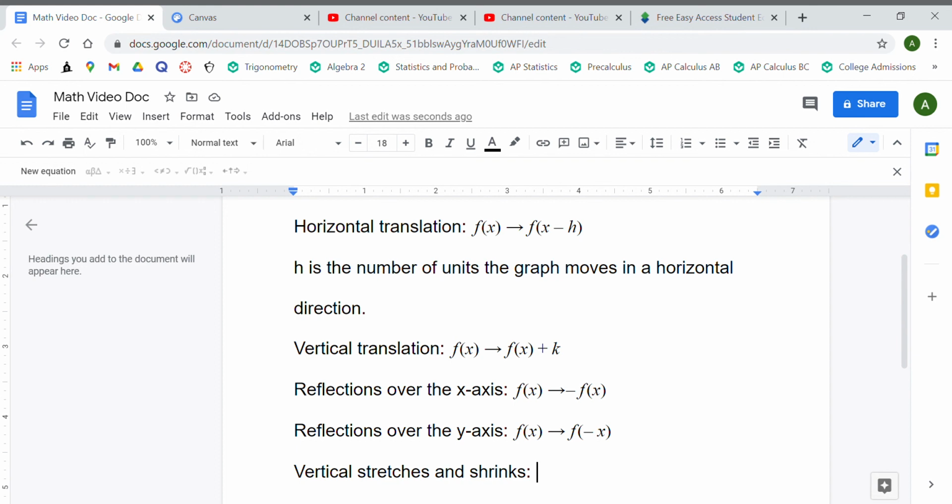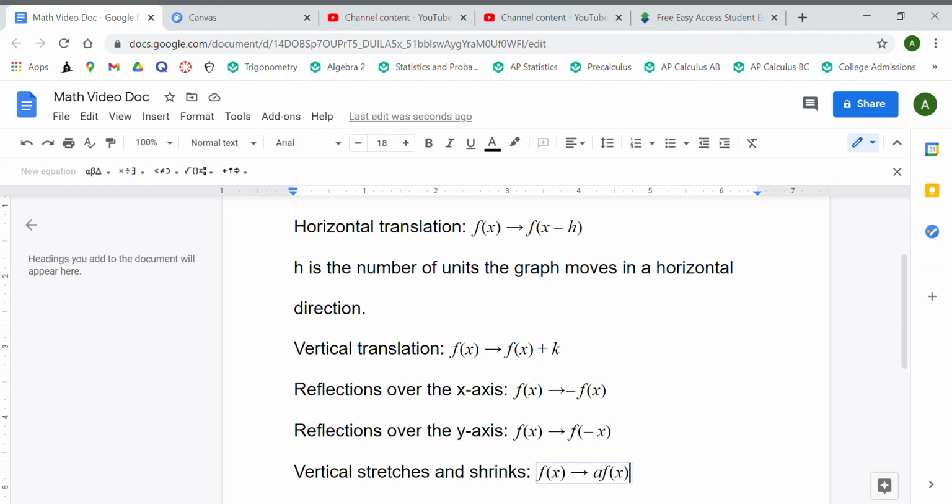So f of x would turn into a f of x. A is the factor at which the points are stretched.